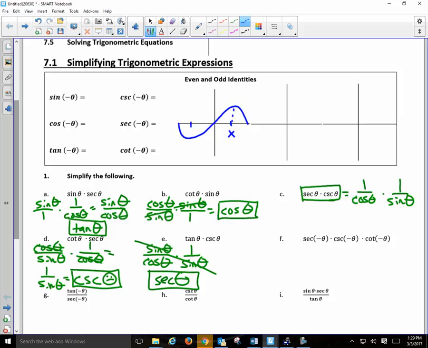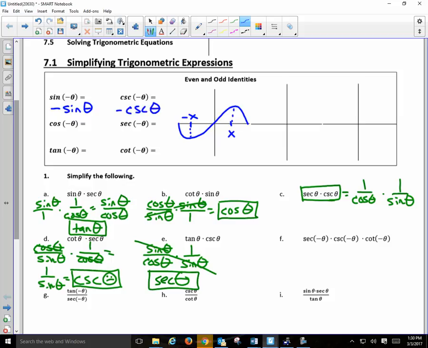If I plug in that same x value, but it's negative, I get out a negative result, right? Sine is an odd function. So sine of a negative angle is the same as negative sine of that angle. You get the same value you would if you plugged in a positive. It's just negative in value. So the negative basically moves out front.